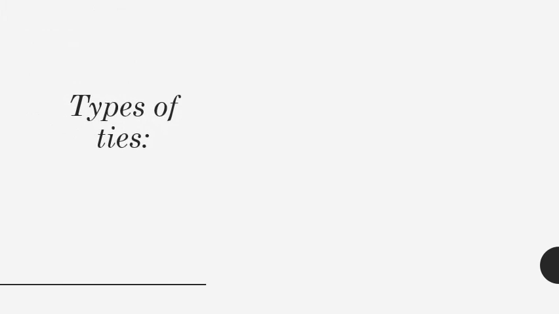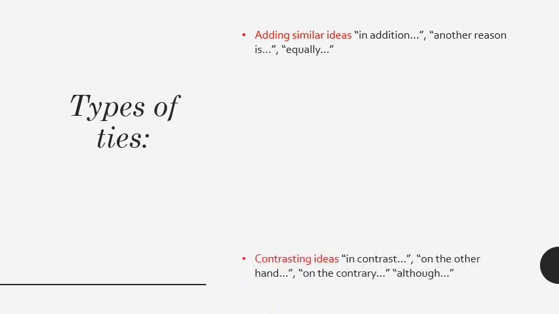Types of ties depend on your idea again. So if you want to add similar ideas together, you can use in addition, another reason is, equally, and so on.